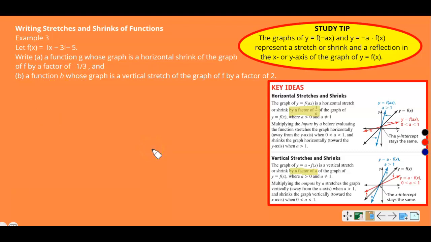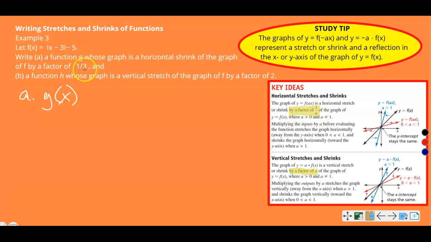All right, let's just look at a part first. This sometimes confuses people, so I want to make this clear. We're looking at g of x. When we're doing a horizontal stretch or shrink, the value of a is inside the parentheses, and we have to do it by a factor of 1/a.